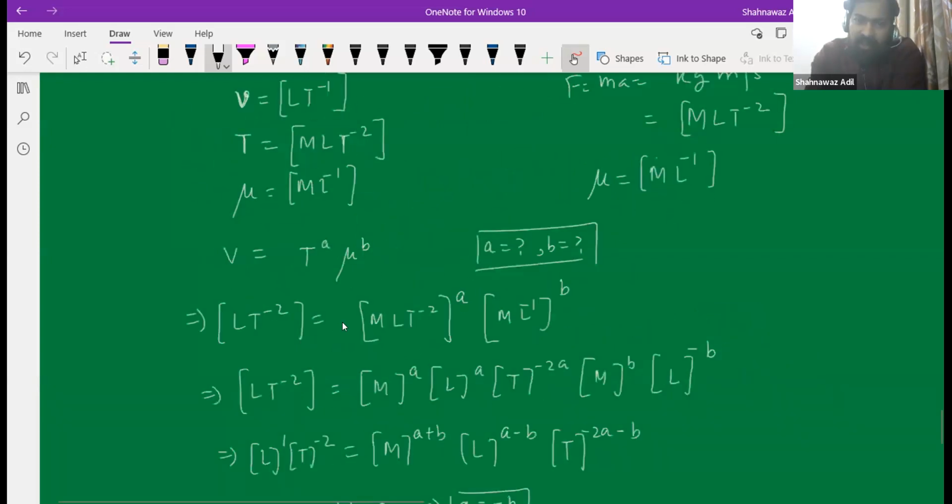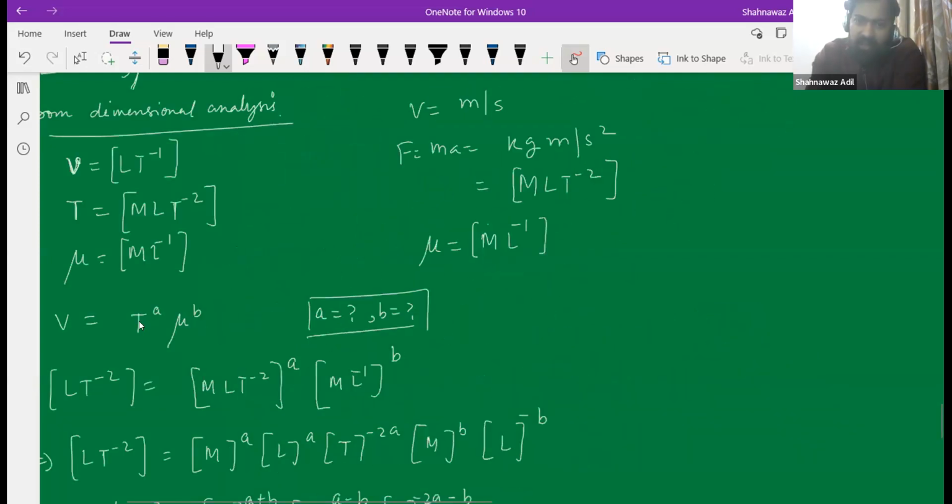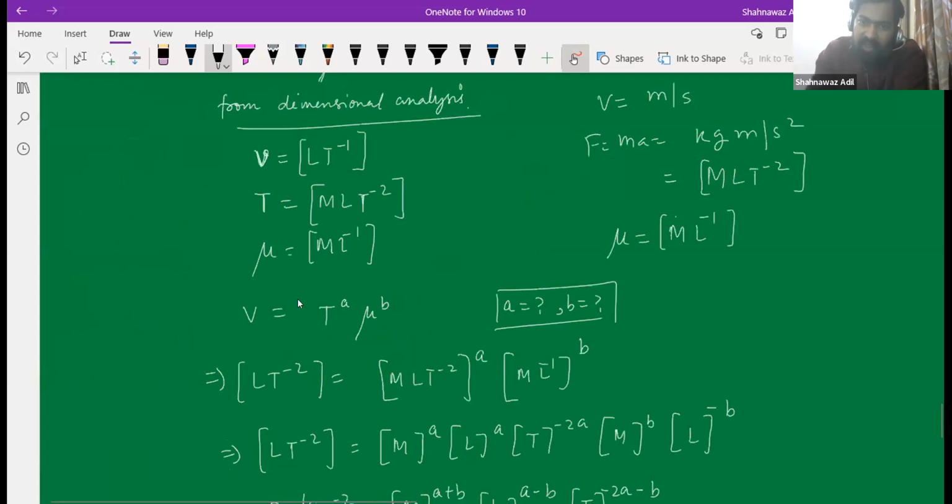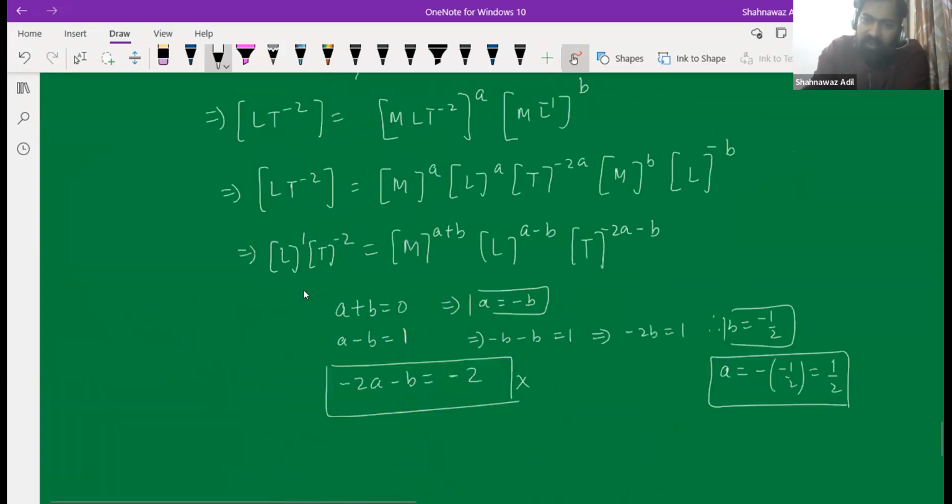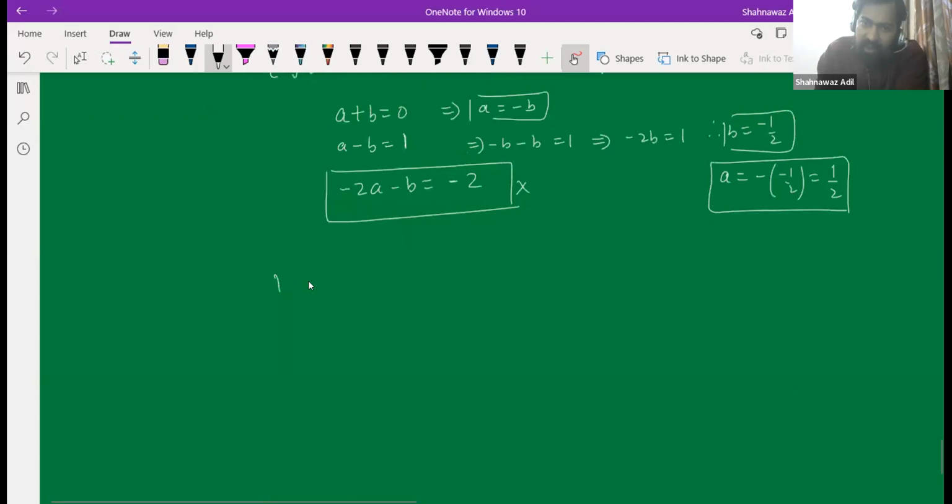Let us put these values in. V is K times T to the half, and mu to the minus half. K we don't know; that comes from the experiment.